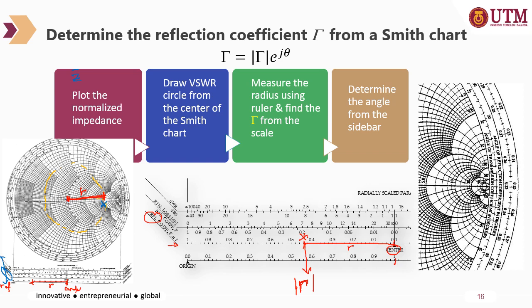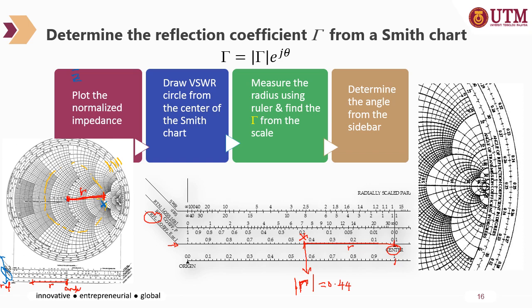For example, in this one it is 0.44. Next, determine the angle from the sidebar of the Smith chart. You'll notice there's another parameter on the sidebar.